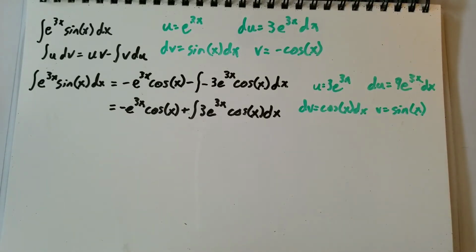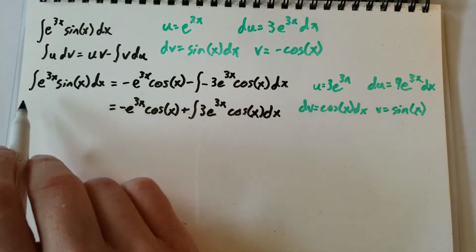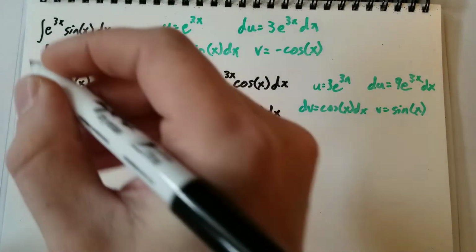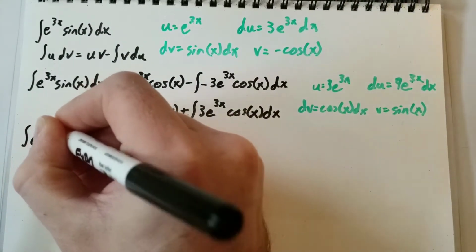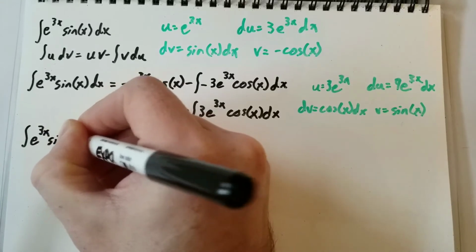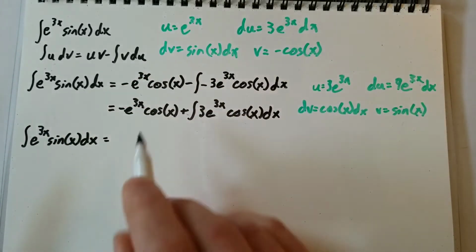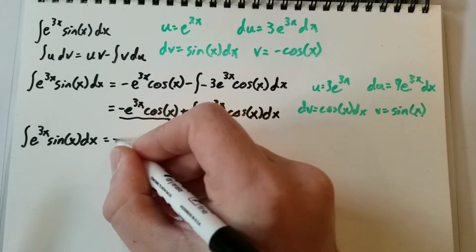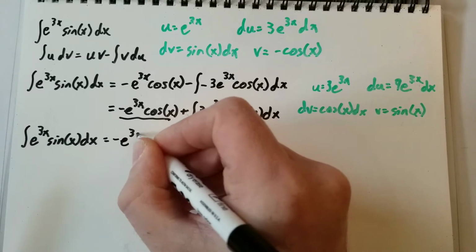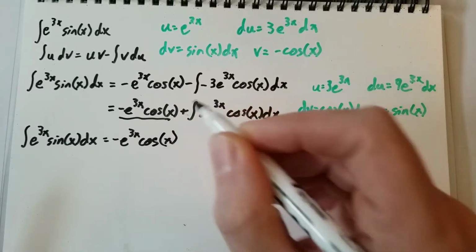Okay, so I'm going to rewrite our original integral. So we have the integral of e to the 3x sine x dx. That is going to equal, I'm going to rewrite this section right here, negative e to the 3x cosine x.